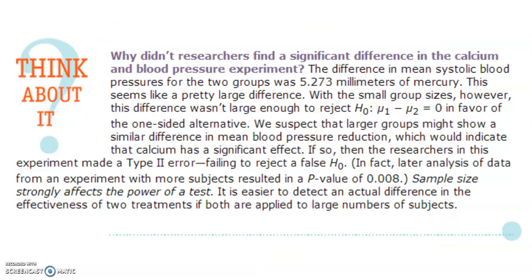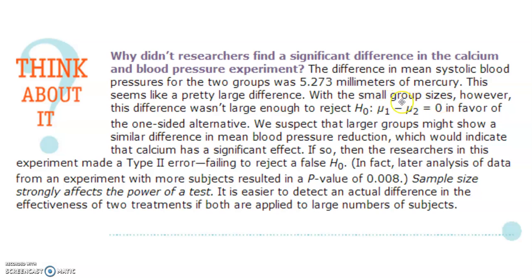Now, something to think about is why we didn't get a significant difference. The mean difference between the two groups was 5.273, which actually is a fairly large difference when you're measuring blood pressure. The reason we didn't get significant results is that our group sizes were very small.